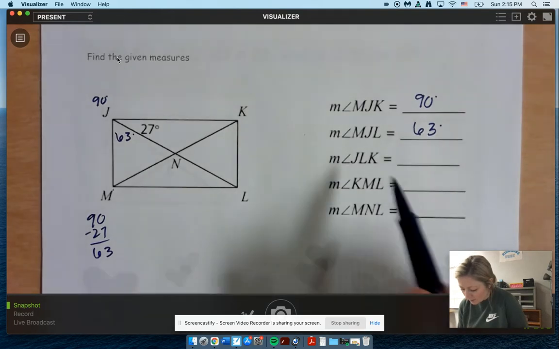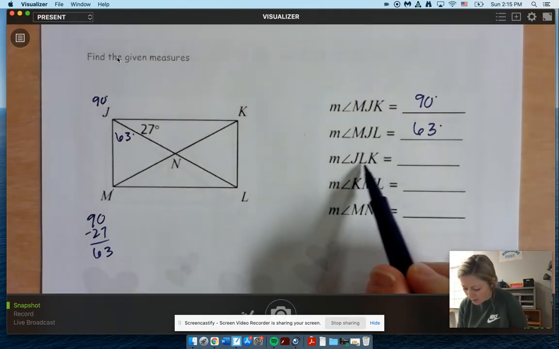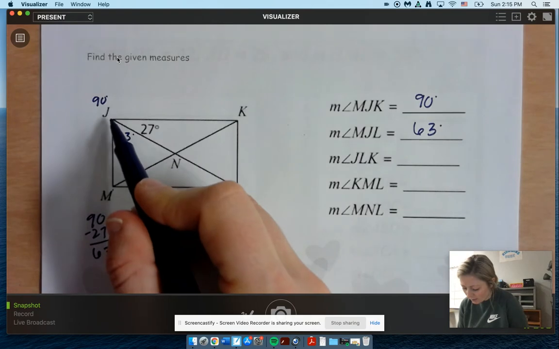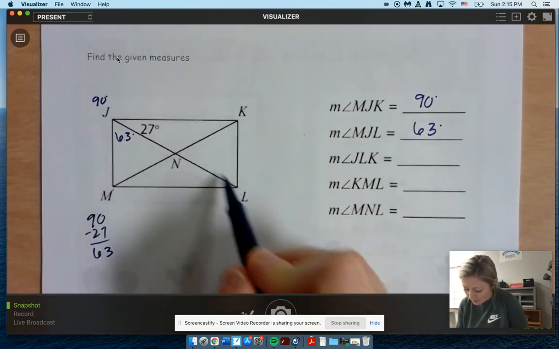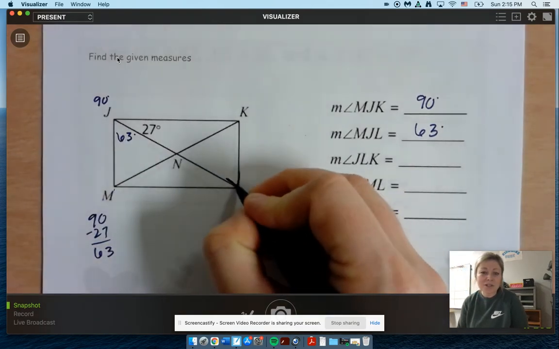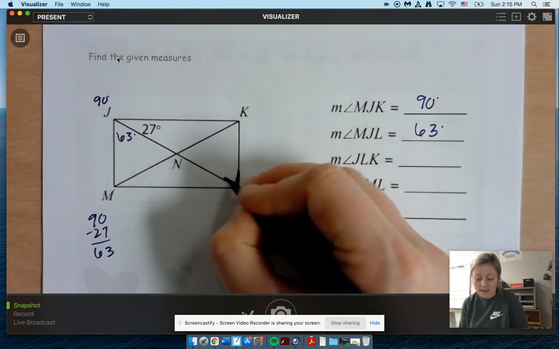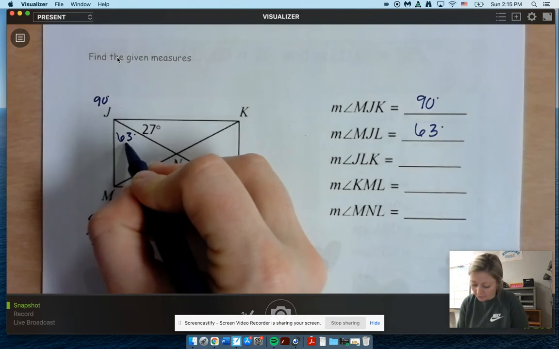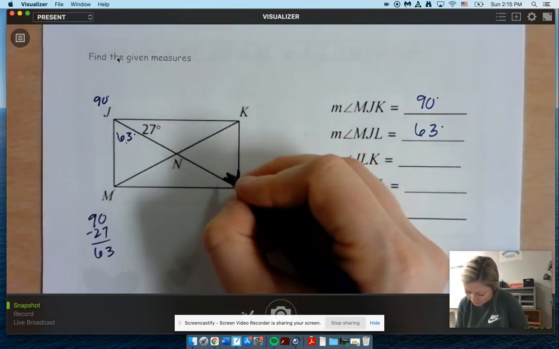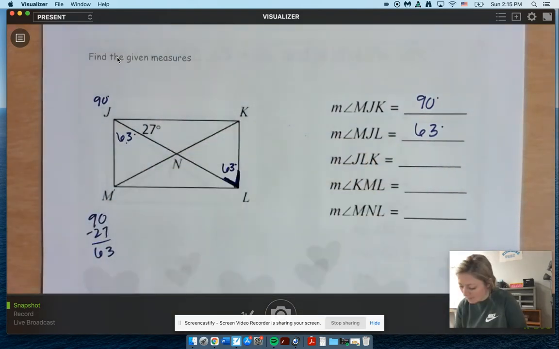Okay, now angle JLK. This guy right here. Well, lucky for us, folks, we know we have a bunch of alternate interior angles. So this angle here is alternate interior to 63. So that's not too bad. That's just plain old 63.